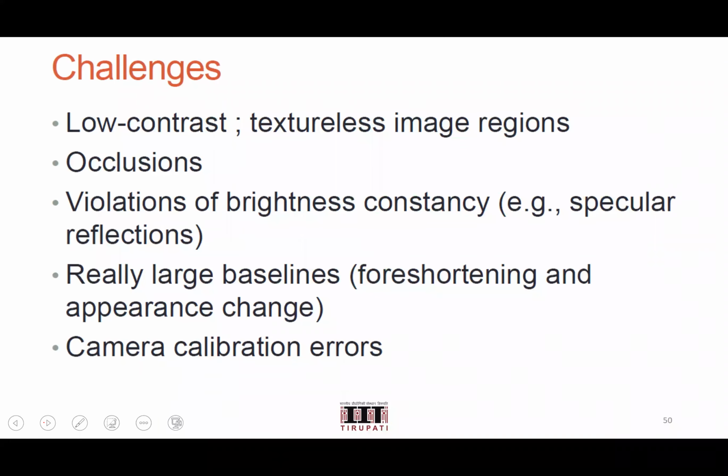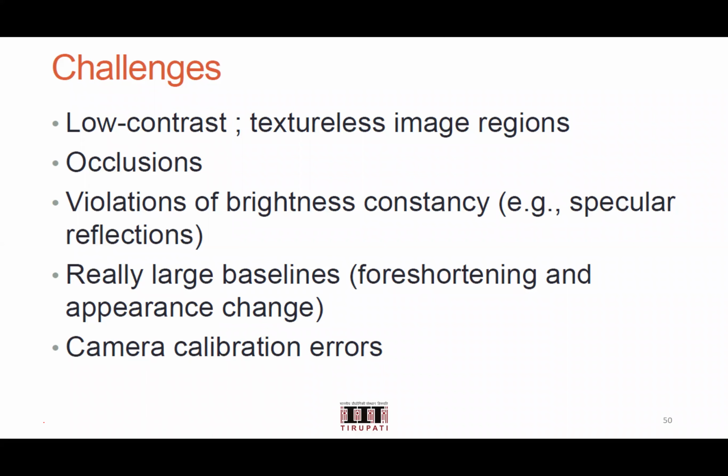To sum up, there are still certain challenges in stereo vision. One is low contrast. If you don't have any texture around the regions, you want to find a match, but being a uniform region, it could end up getting matched anywhere. That's a problem.